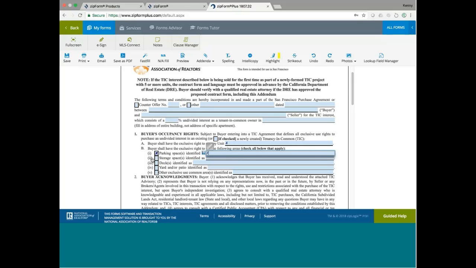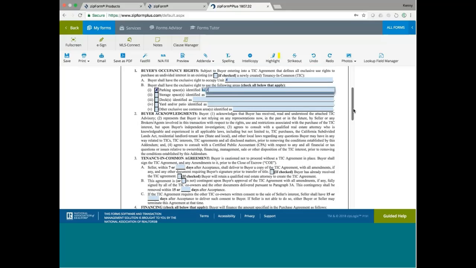Storage space, if the TIC owner A has a certain right to use storage space, it has to be identified here. Deck, if the TIC A owner has the right to use the deck. Same thing with yard and or patio. Now we're talking about exclusive. Most of the time they don't have exclusive right to use the yard and patio. Sometimes they do. So this has to be spelled out. Okay? And then other non-exclusive use common area, that has to be described here. So anything that is exclusive to unit A must be specified here.